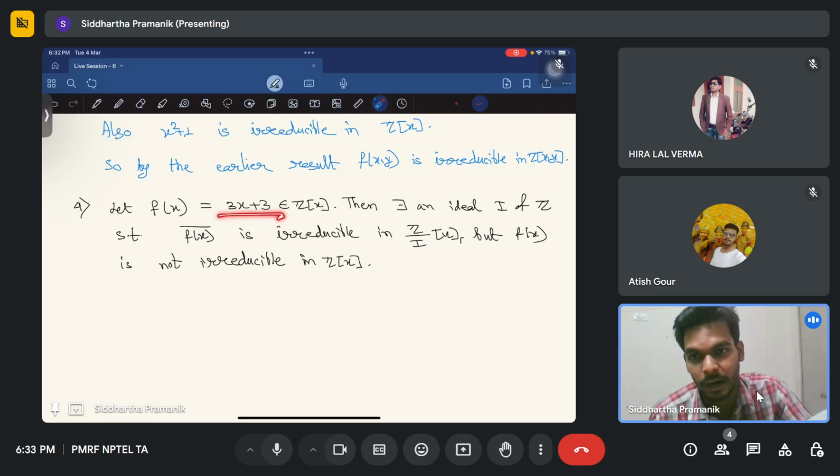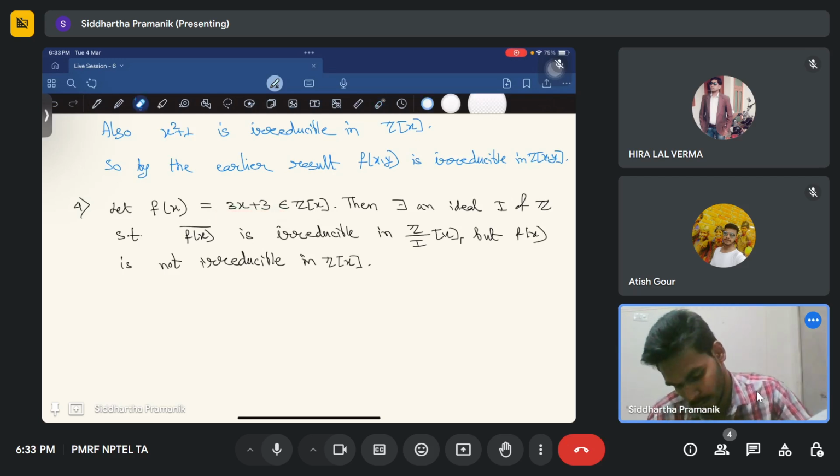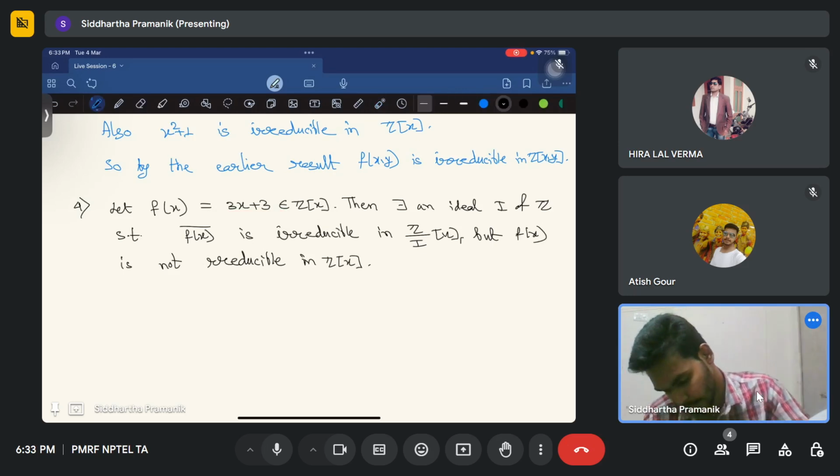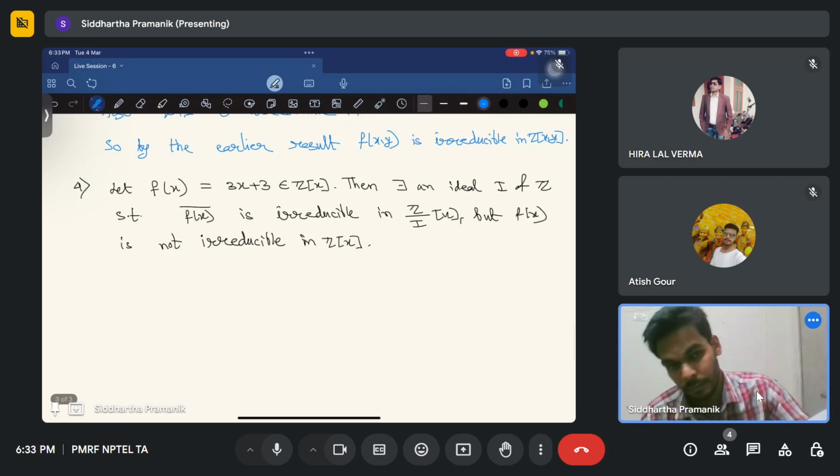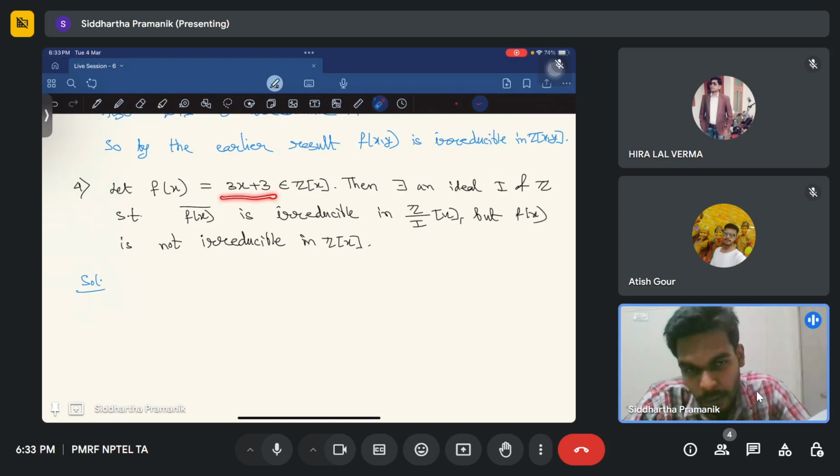That part is easy, right? Observe that this polynomial is not monic. The leading coefficient is 3.